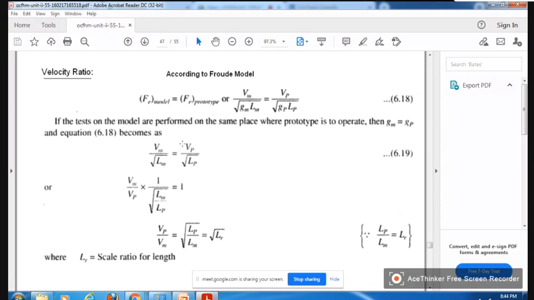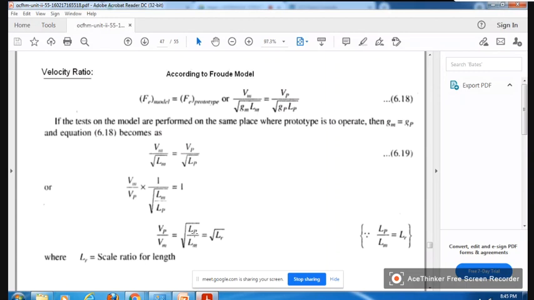Then it simplifies to Vm by square root of Lm is equal to Vp by square root of Lp, so Vp by Vm is equal to square root of Lp by Lm.